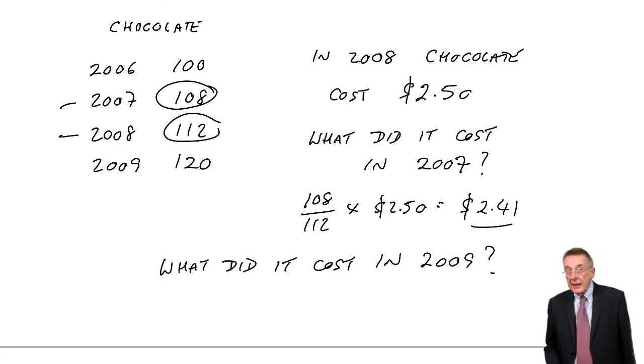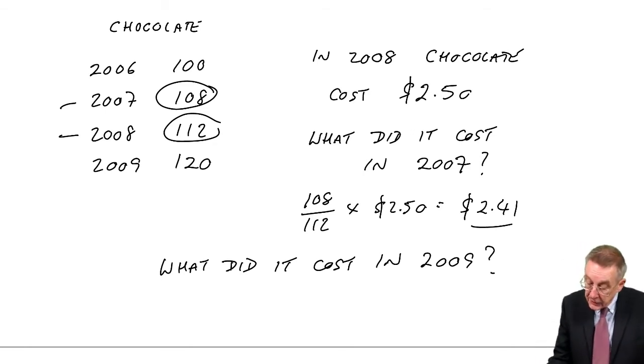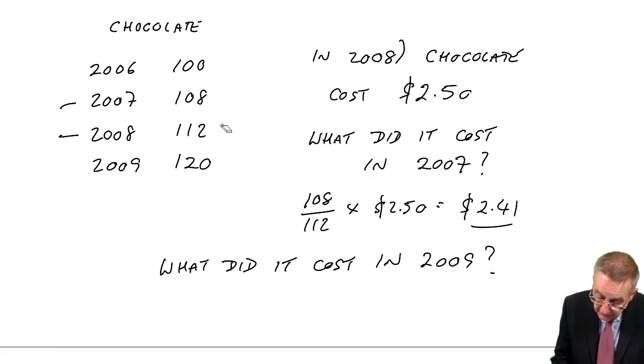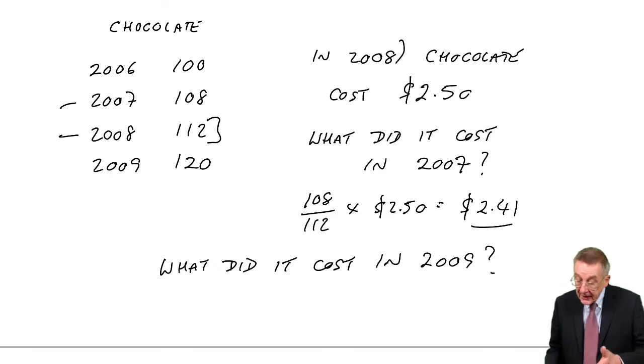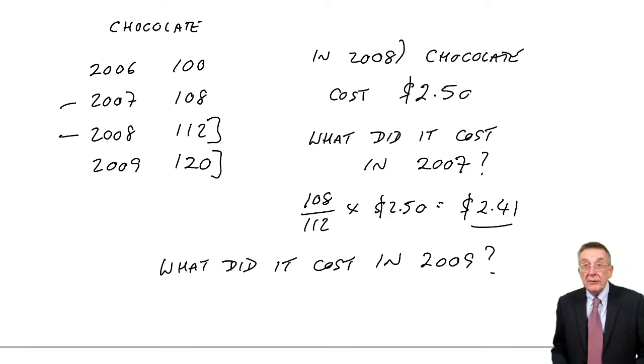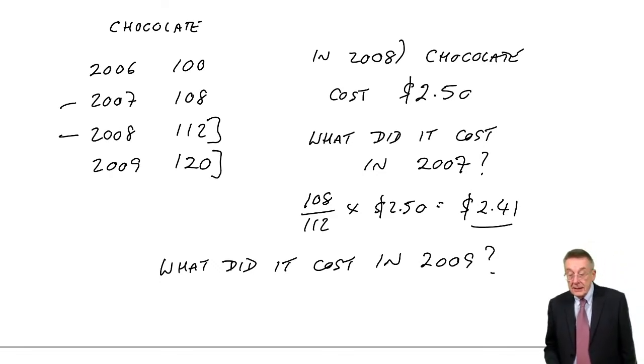Have a go yourself quickly. Fine, you should have done it by now, or know how you would have done it. In 2008, it was $2.50. Well, the index number in 2008 was 112. And so for every $112 in 2008, in 2009, it would have gone up to 120.